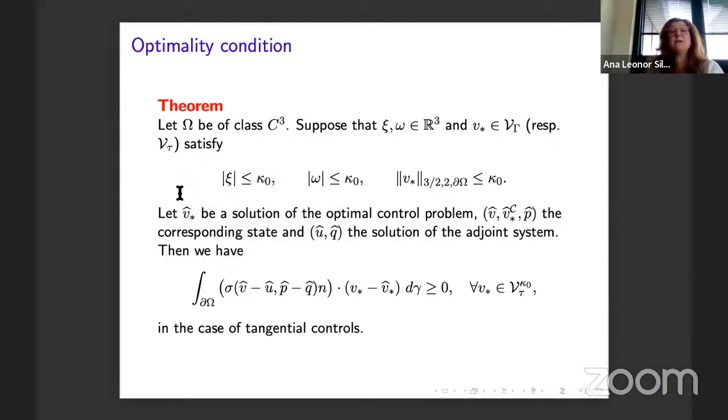In the case we have small velocities of the rigid body, and also the controls are sufficiently small, we can say that if V star hat is a solution of the optimal control problem with associated velocity, pressure, finite dimensional correctors of the control, with a corresponding solution of the adjoint system, then we have this first order optimality condition.